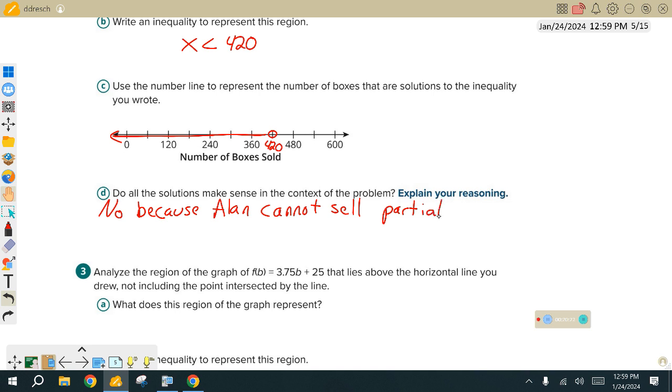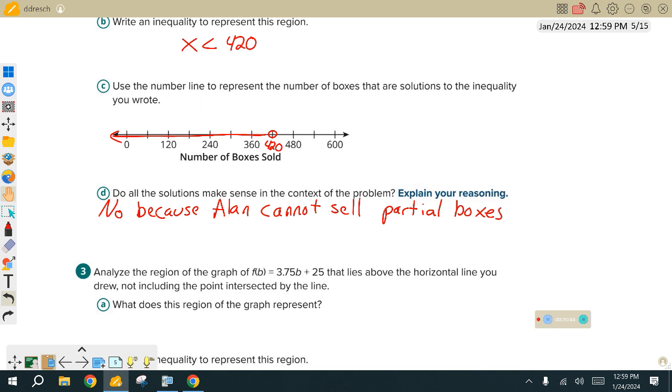And what do I mean by partial boxes? Those fractions, those decimals. What if someone takes half of what's in a box, but doesn't take it by the box? Can you sell half a box, or a third box, or a quarter box? I know what you're saying. Can we do that though? No. So we can't sell part of a box.